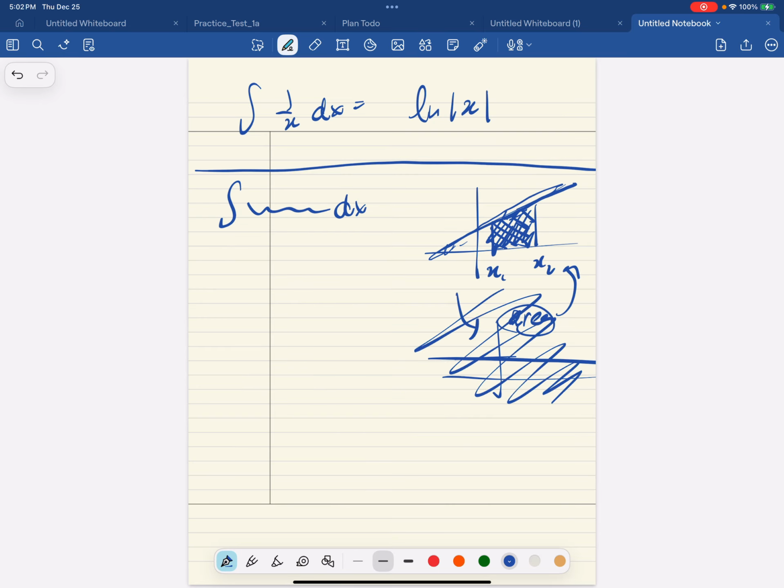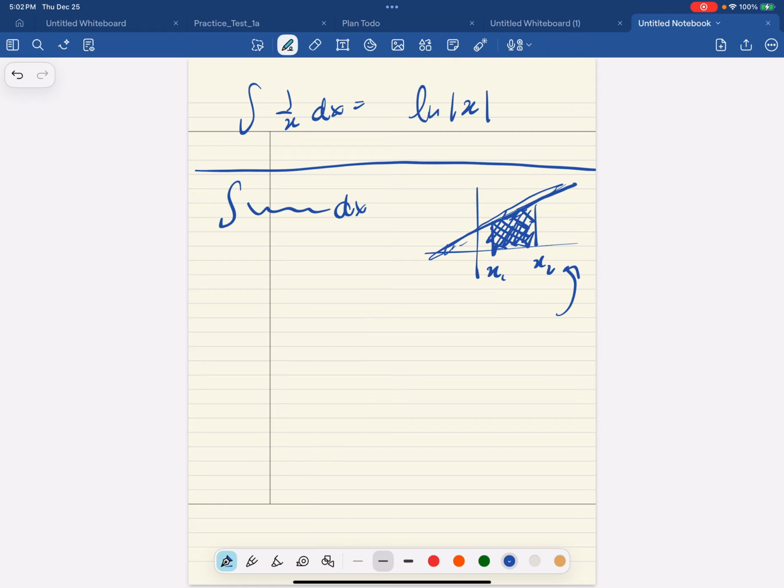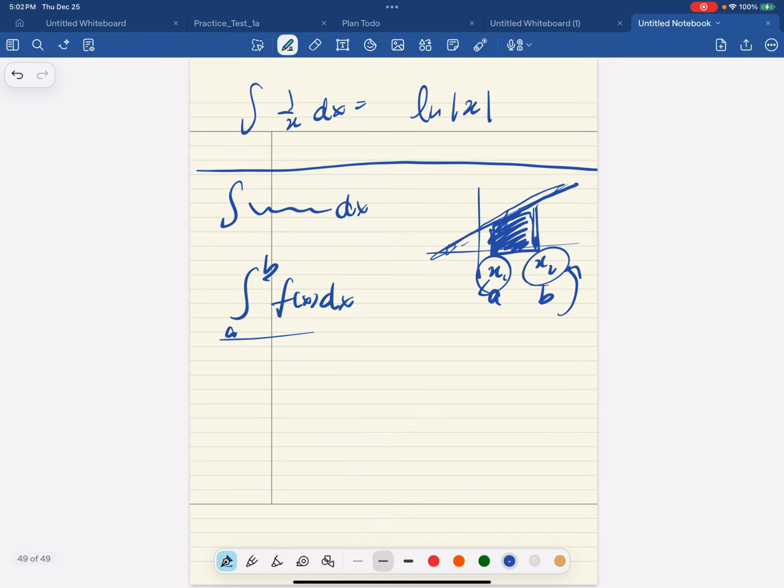But instead of finding the entire function turned into integral, we can look for a specific section, and that's basically looking for an area from the given 2 points, and that will be written as a to b of f of x dx, where a is this one, b is this one, and yes, we put the b on the top.